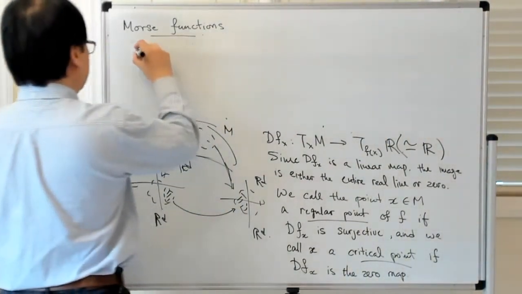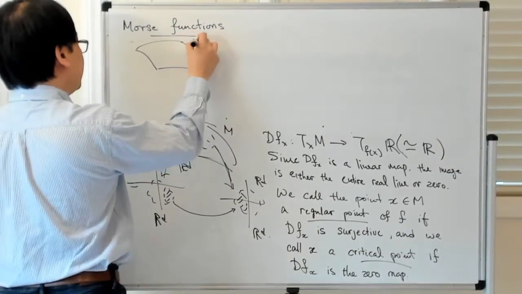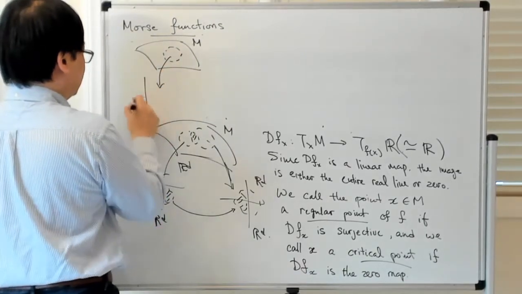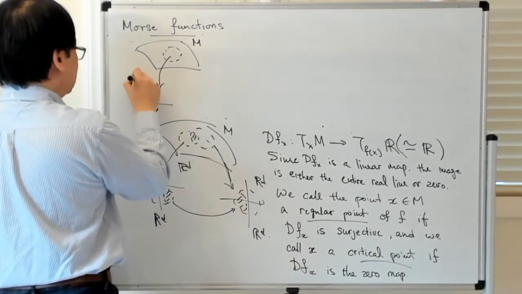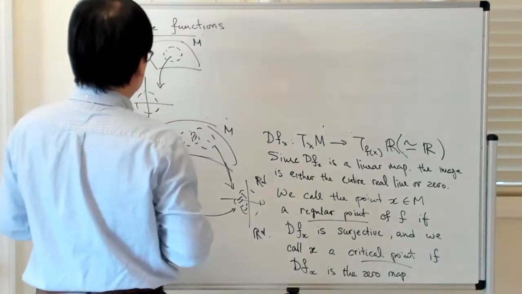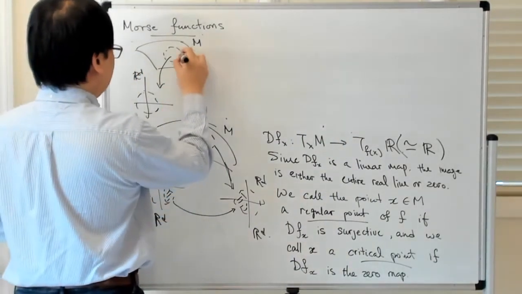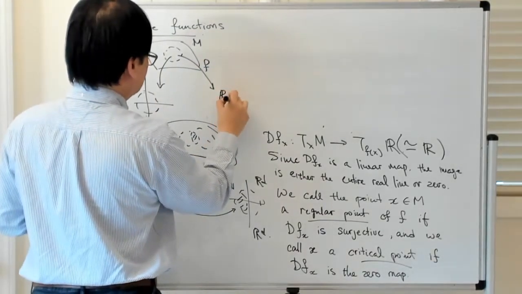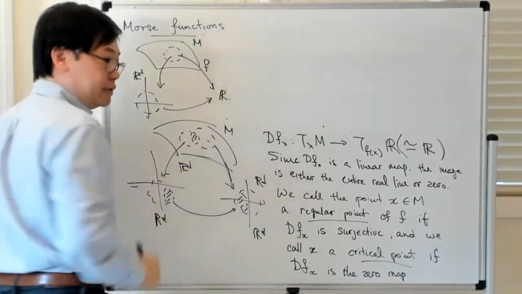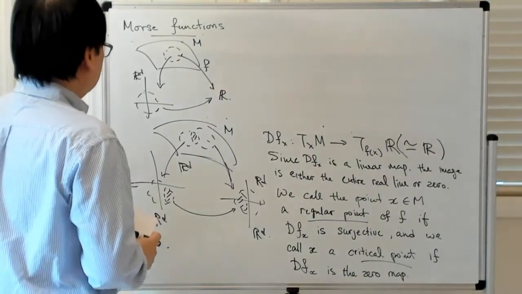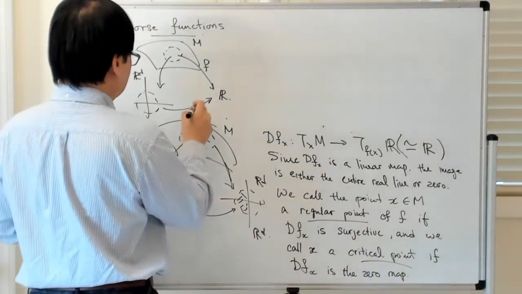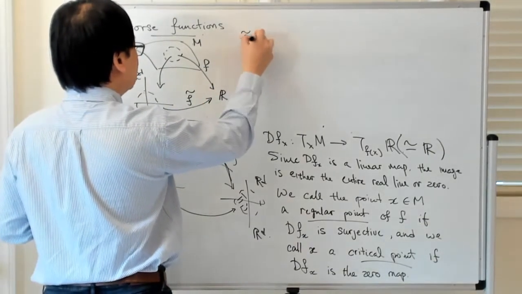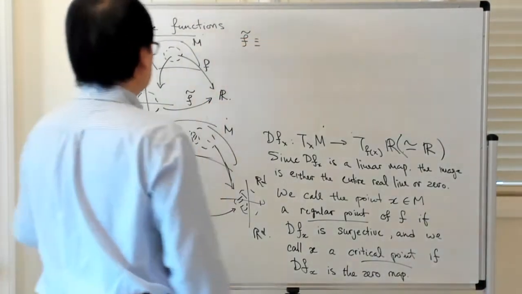Okay, so again, you have this manifold M, and you can imagine having a coordinate chart which maps it to R^d, and then you have a map f to the reals. So you can look at the coordinate representative of this, let's call it f tilde.